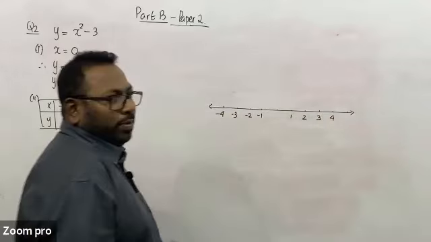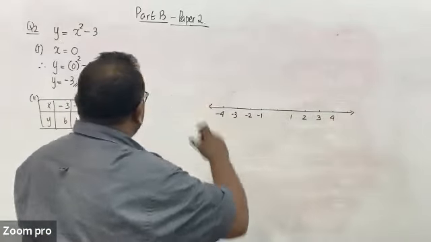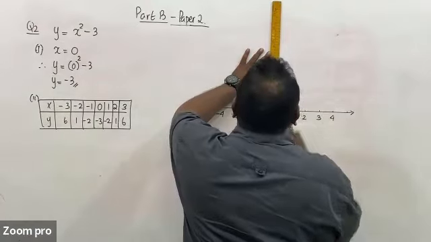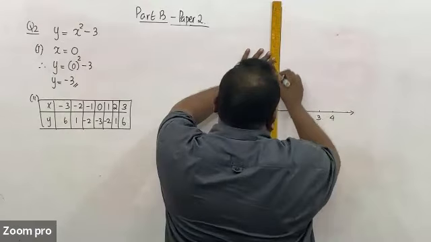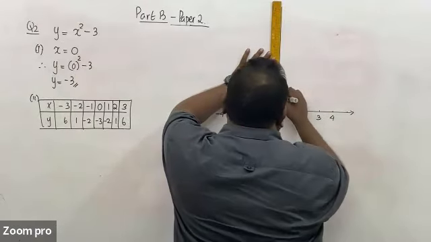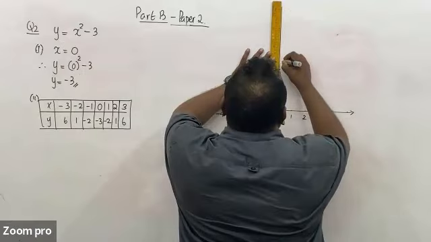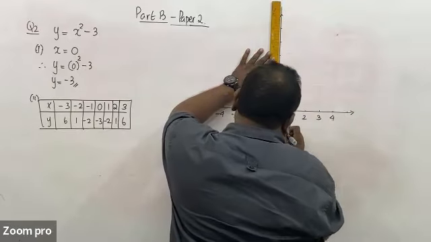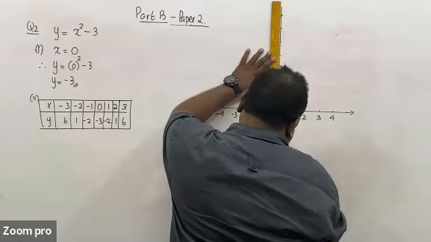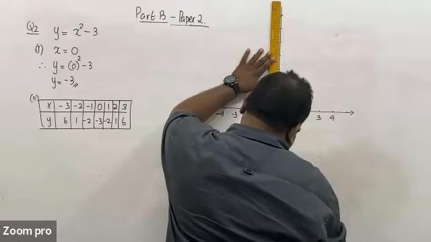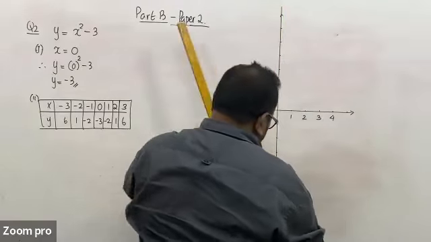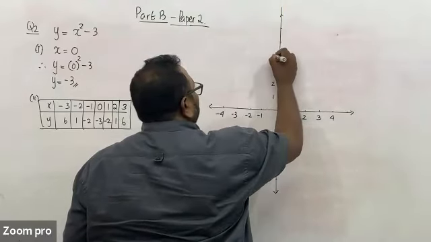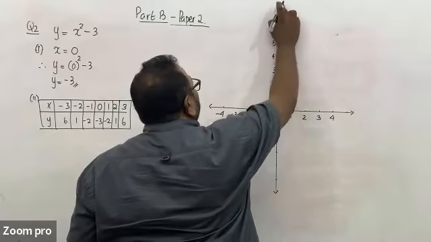Then up you have +6. One, two, three, four, five, six.